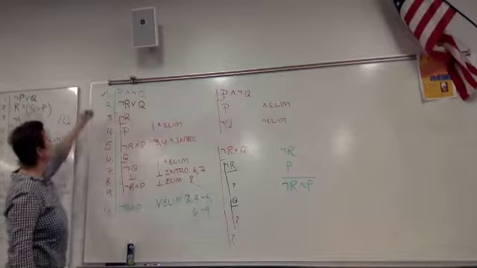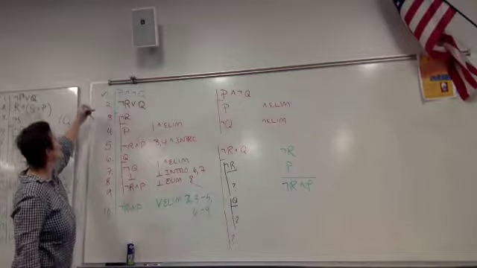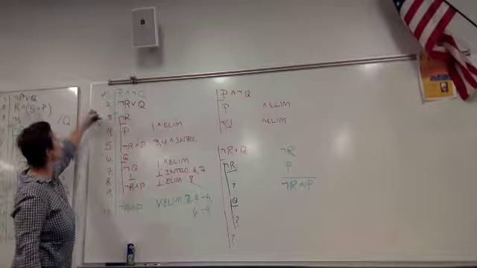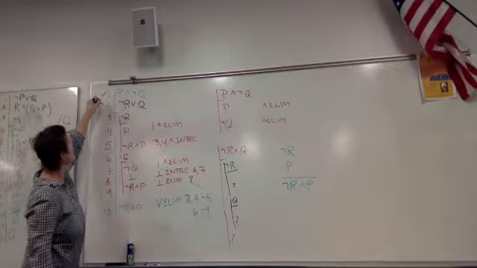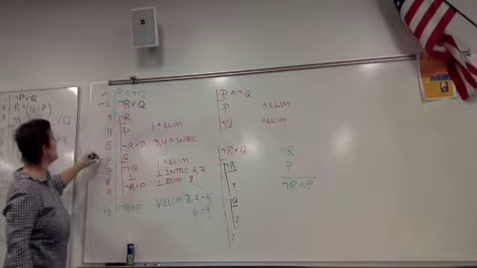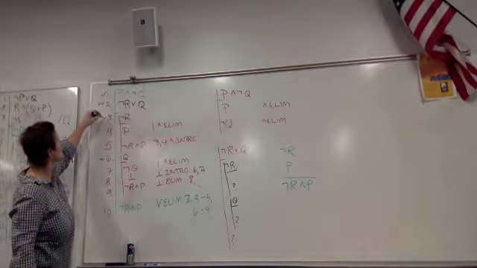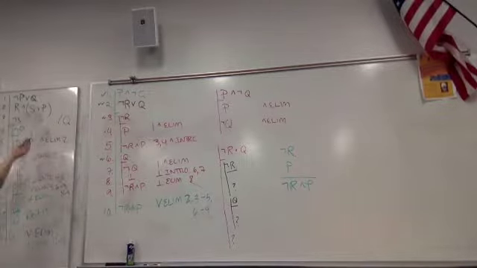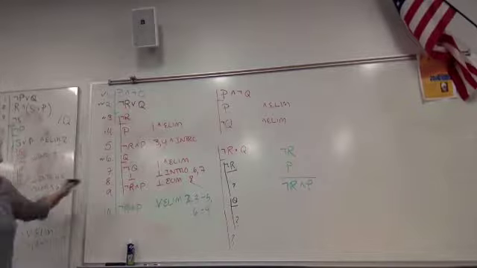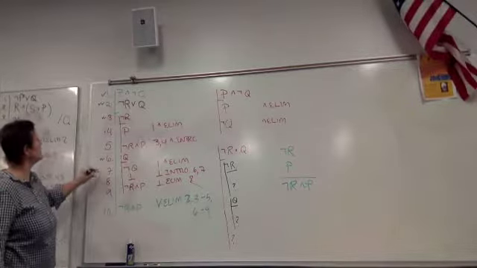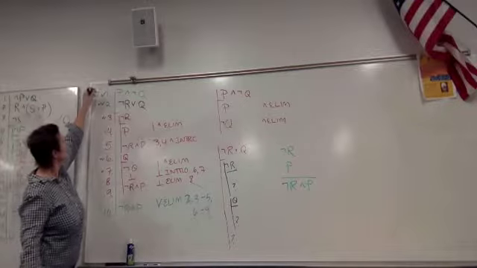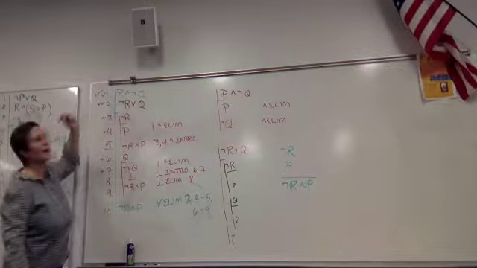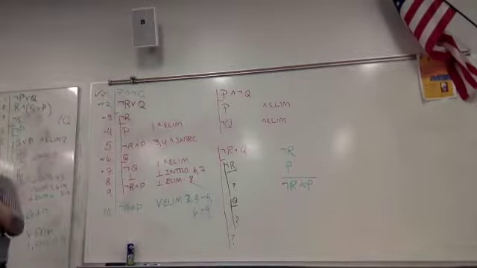Then starting at line 3, and then again at line 6, we're using line 2. At line 7, right, we're using line 1 again. Does that make some sense? You could do that.